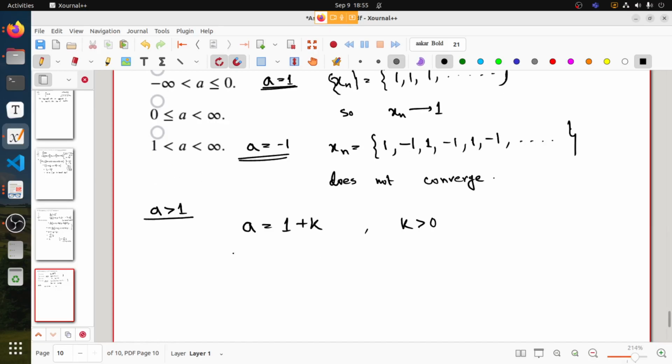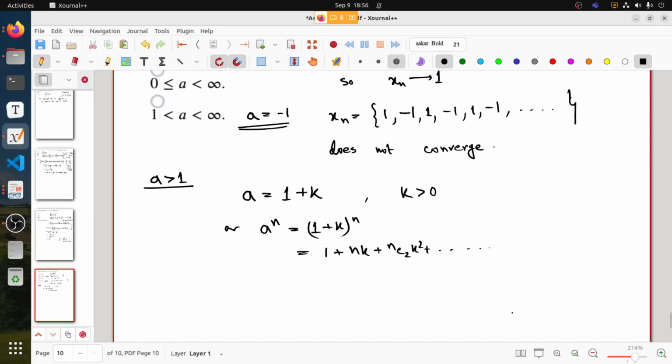Now take a to the power n, which is 1 plus k whole to the power n. If you expand the binomial, you get 1 plus nk plus n choose 2 times k squared, and so on.